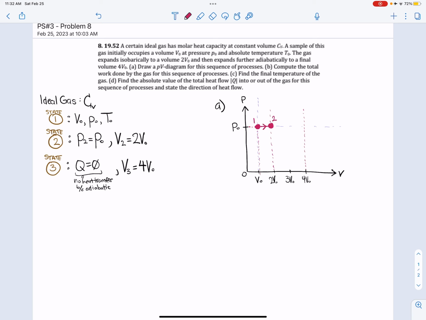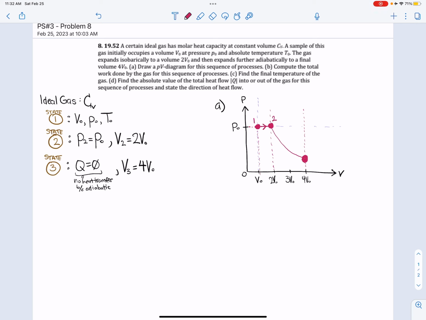It'll look something like a curve, like that, and I hit 4V naught. The pressure wasn't given for P3, so I'm not sure what that value is. But I could certainly find that out.